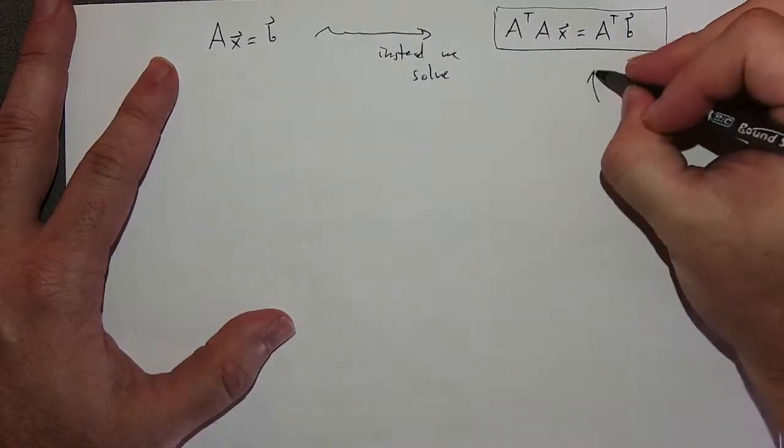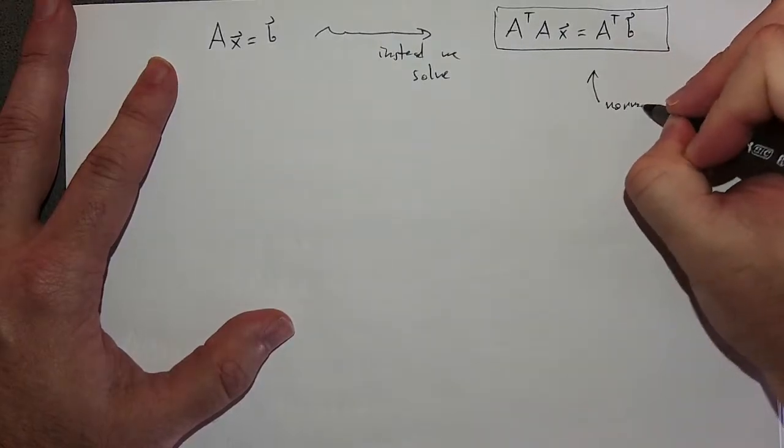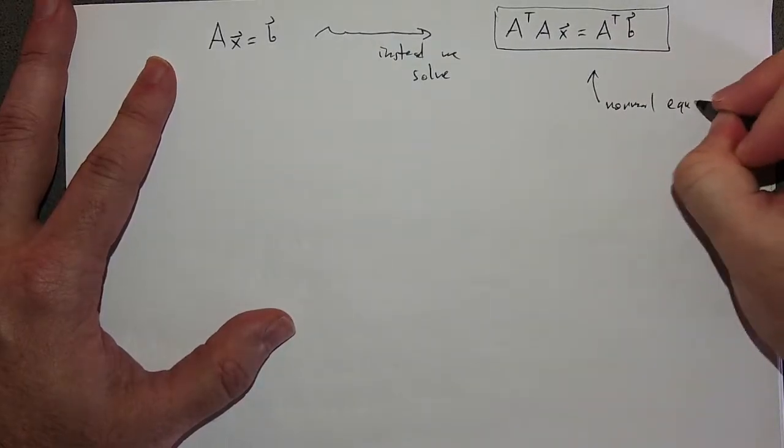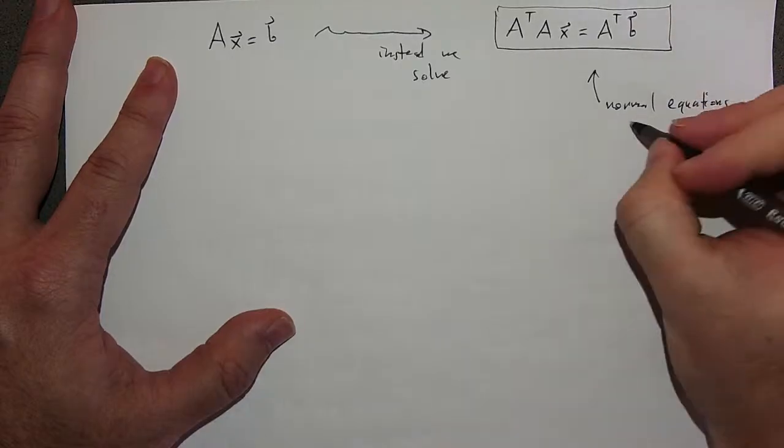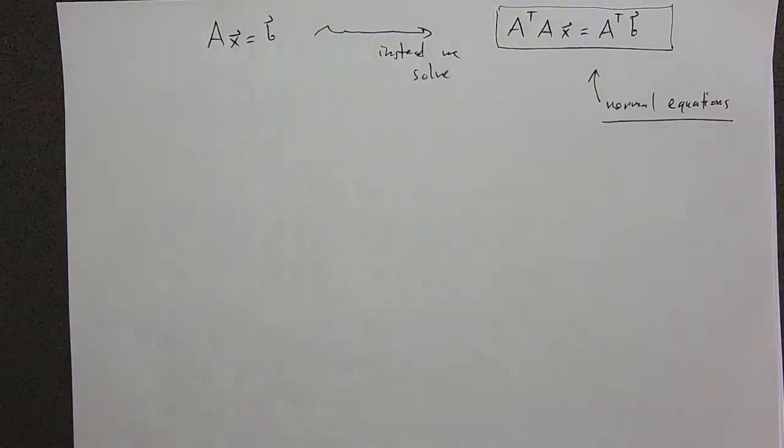These are called the normal equations, or just the normal equation. You might see why the word normal is used here.